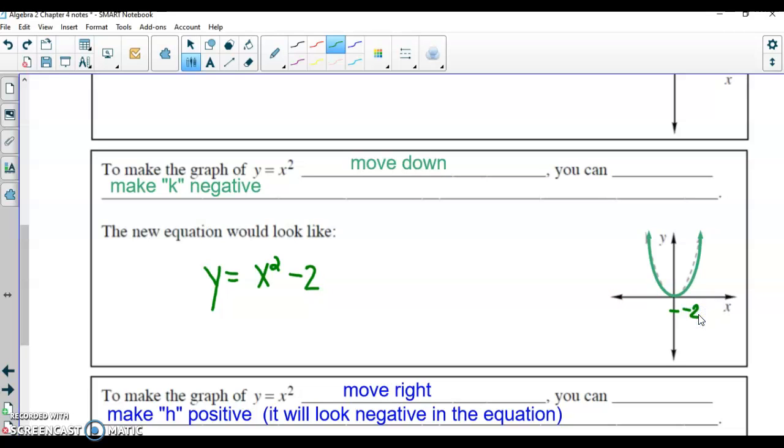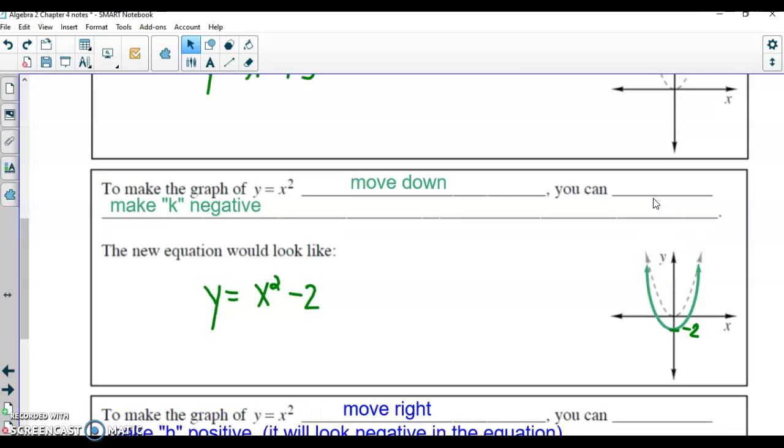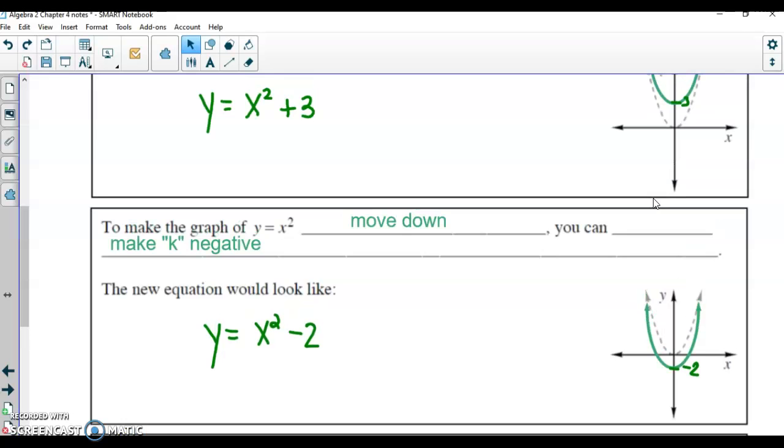That shifts the vertex down 2. Again, notice the parabola itself did not change. I'm only shifting the parabola down 2 units. So to move my parabola up or down, I'm changing the last term, the k. Much like slope-intercept form, the y-intercept, the b, either positive or negative, whether I'm shifting it up or down.